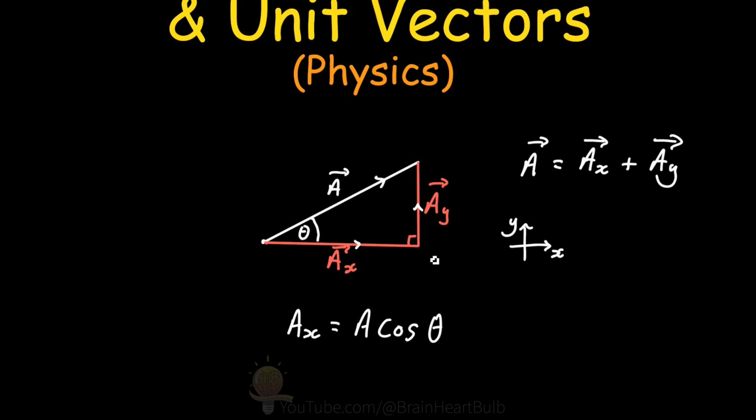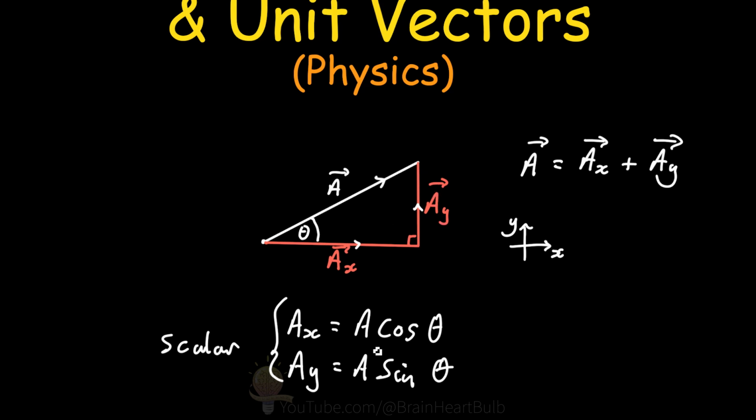And the magnitude of Ay, the vector Ay, is equal to A sine theta. And notice that the components here of A are scalar quantities. They represent the lengths of the Ax and Ay vectors.